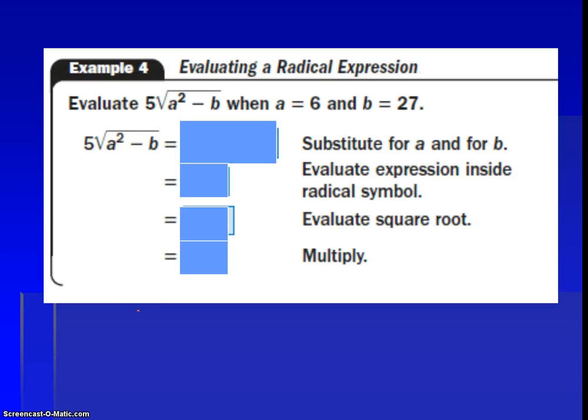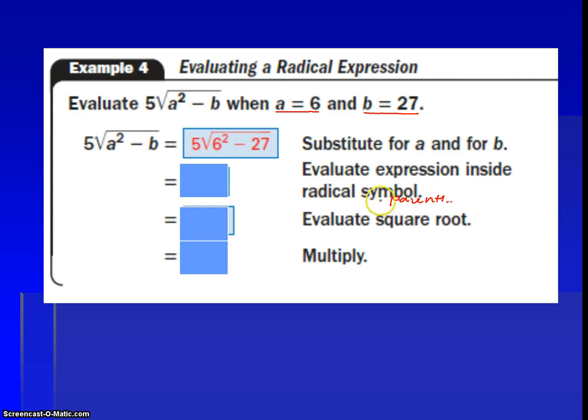The last thing we're going to do is evaluate a radical expression. This is a radical expression. Okay, it does look a little crazy, but once you put in the letters, the variables, you substitute 6 for A and B is 27. We're going to simplify the square root first. You kind of have to think of the radical symbol as like your parentheses.